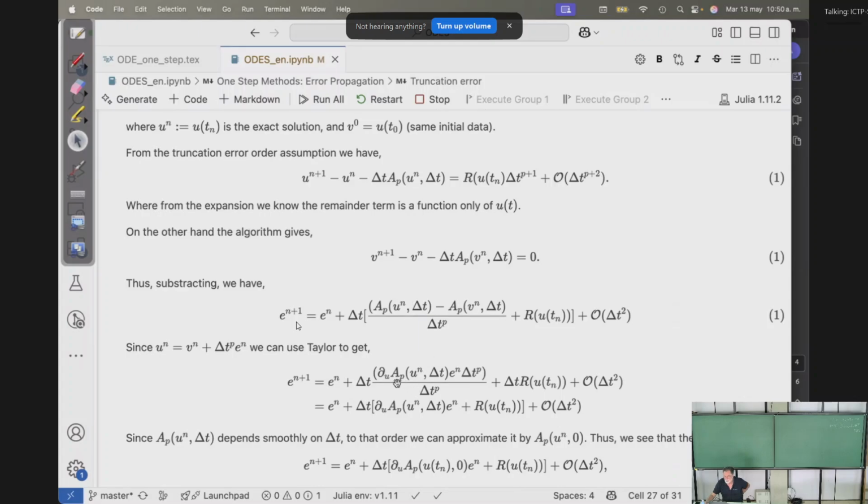So this is going to be the derivative of A with respect to u times En that comes from here times delta t to the p from here. The difference between these two is En times delta t to the p. So when we do that, we get this expression here.